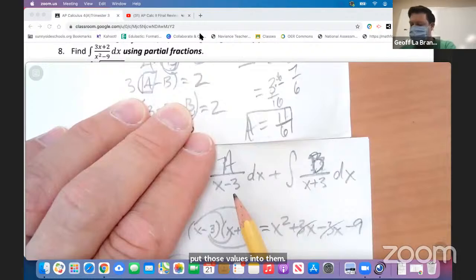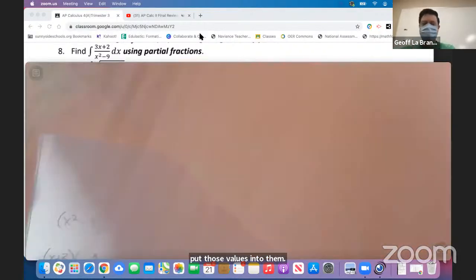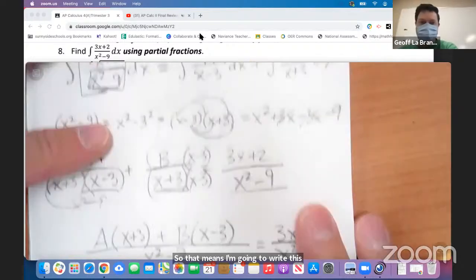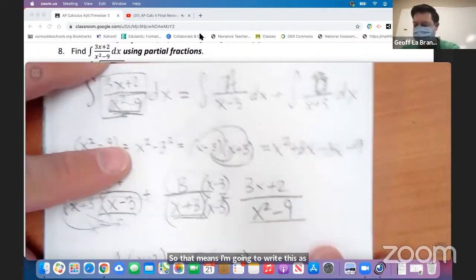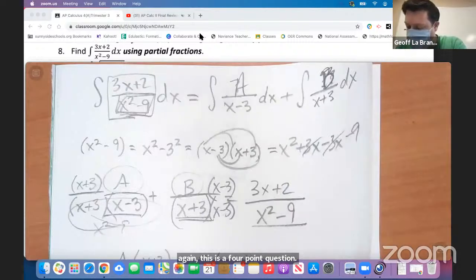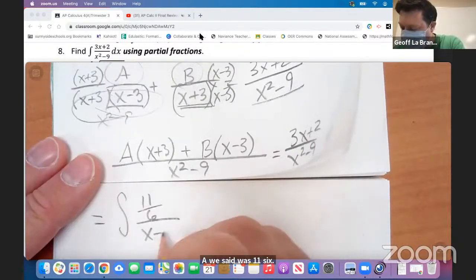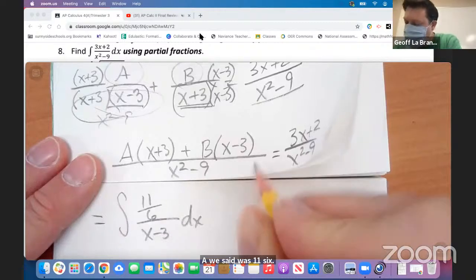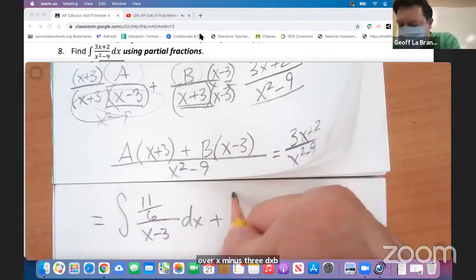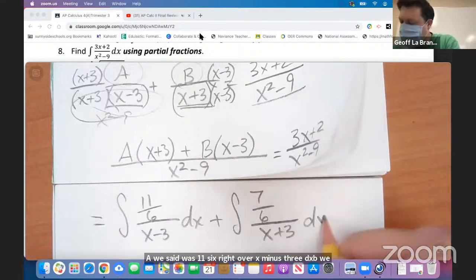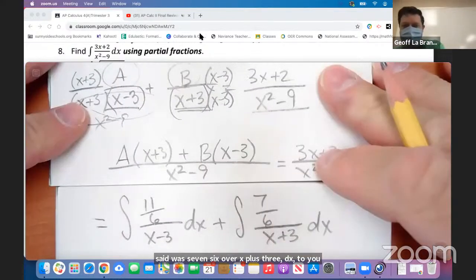So that means I'm going to write this as, again, this is a 4-point question, but it'll make your brain kind of hurt along the way. A, we said, was 11/6, okay, over x minus 3 dx. B, we said, was 7/6 over x plus 3 dx.